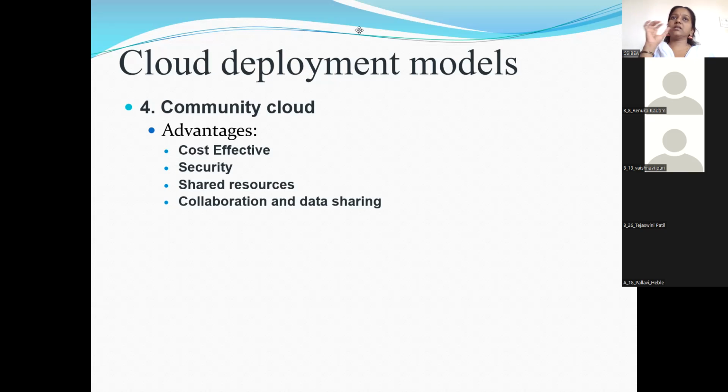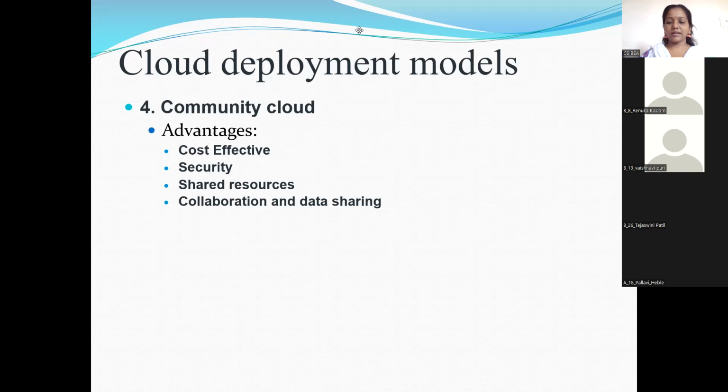Here in this case, suppose 4-5 organizations are there who have the same kind of requirement. One particular cloud or one particular server will be shared by those 4-5 organizations which have the same need, or we can say the same requirement.